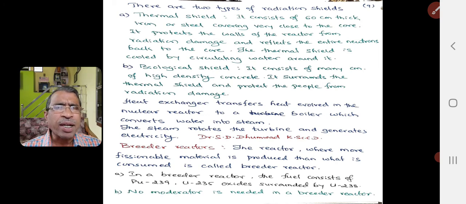In a breeder reactor, the fuel consists of plutonium-239 or uranium-235 in the form of their oxides surrounded by uranium-238. In breeder reactors, no moderator is needed.